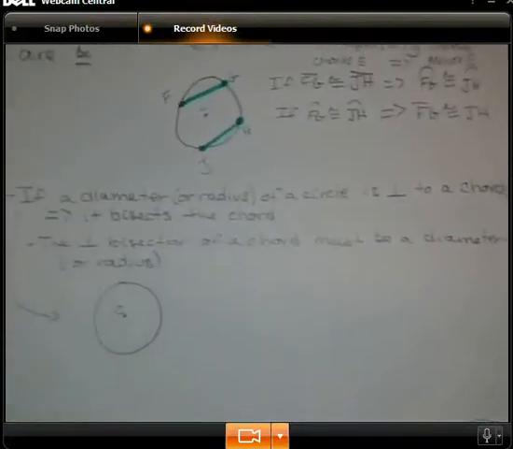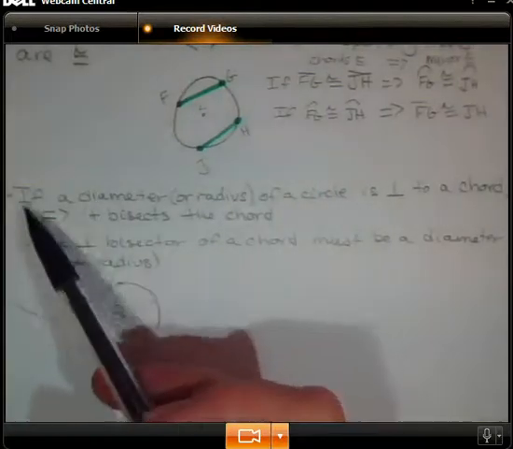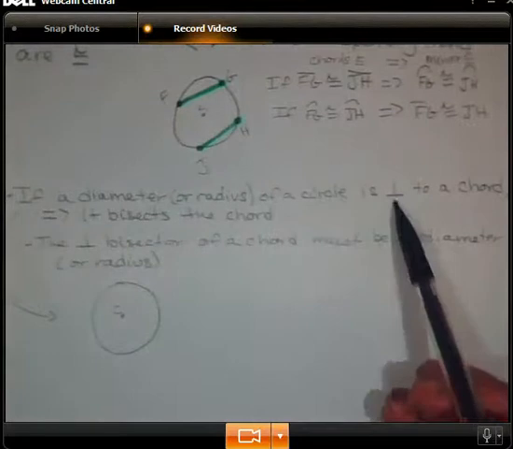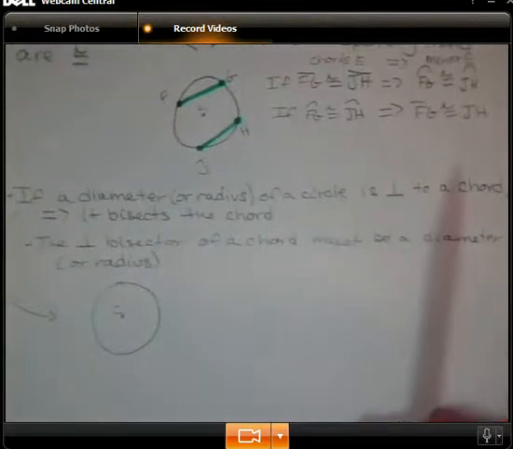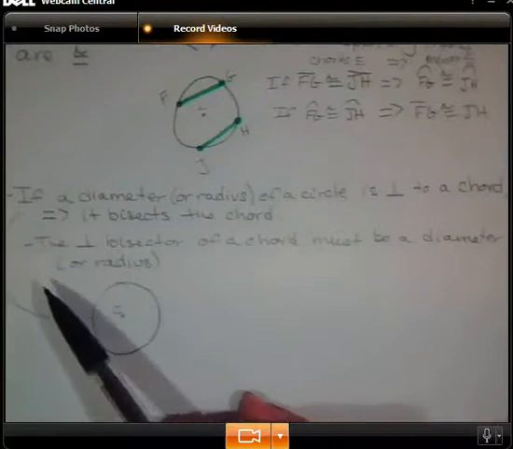Okay, another theorem that talks about arcs and chords tells us that if a diameter or radius of a circle is perpendicular to a chord, then it bisects the chord, or cuts it into 2 equal parts.